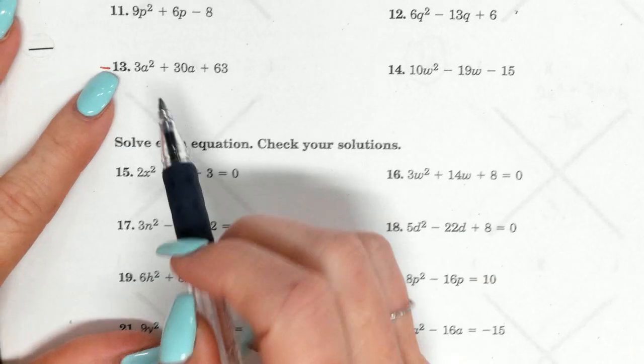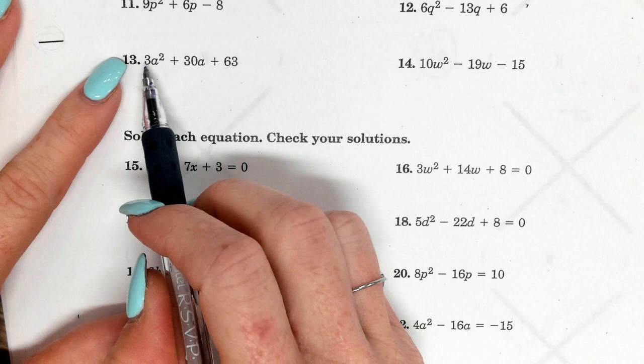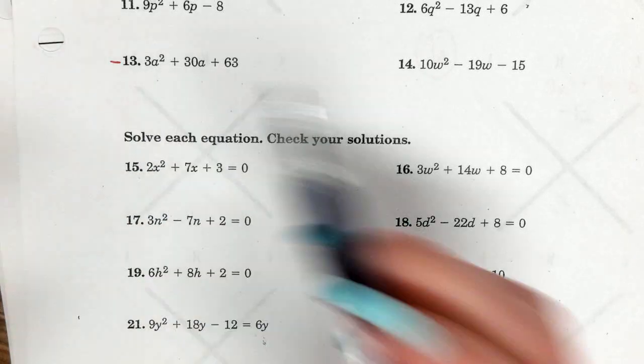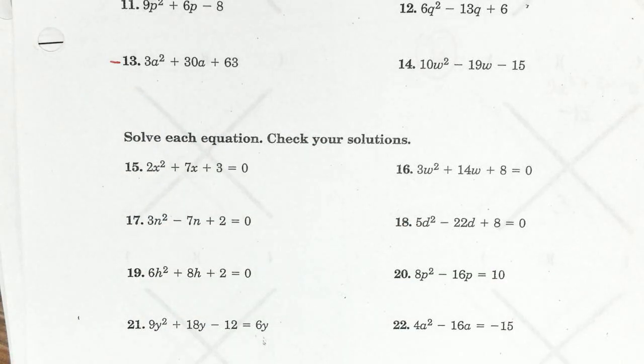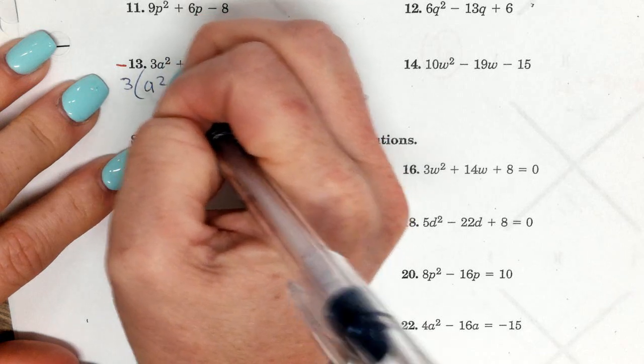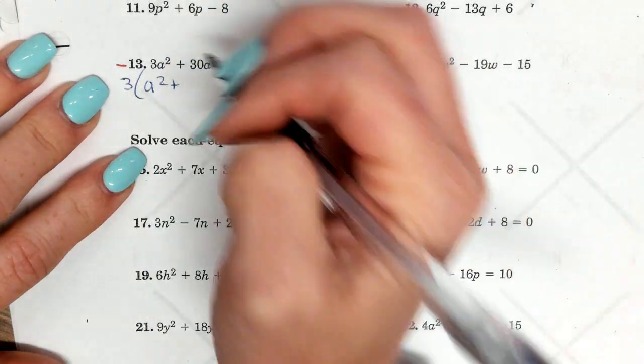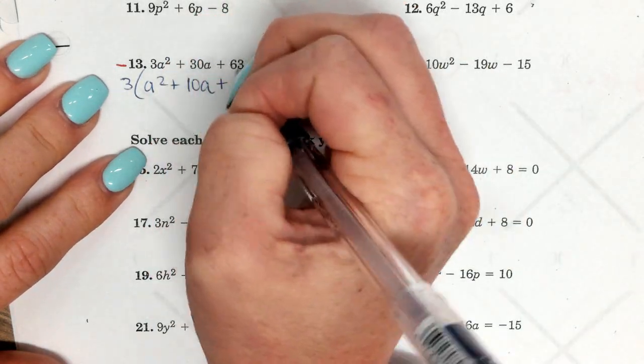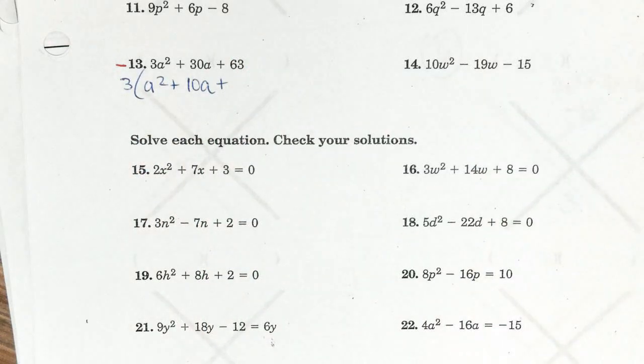So everybody look at number 13. What do y'all notice about all the coefficients in number 13? They can all be divided by 3. So you can factor out a 3 on that. And say 3 times a squared plus, well, 30 divided by 3 is 10a plus, what's 63 divided by 3? 21.